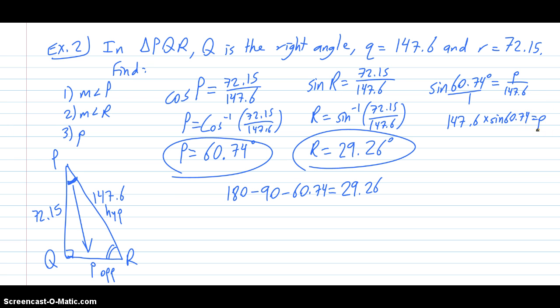So take 147.6 times the sine of 60.74, and you should get P is roughly 128.77. And it should make sense, right? The sides of your triangle should work. Everything should be nice. Okay, hopefully this section was a little easy for you. Really, it helps to draw out the picture and figure out what's going on. But there's really a lot of choices that you can take. Just be careful on your rounding.